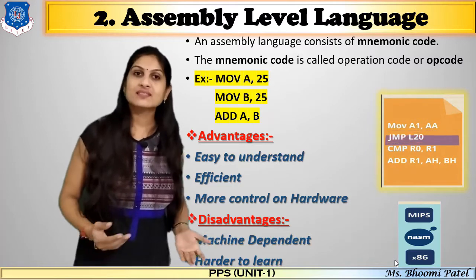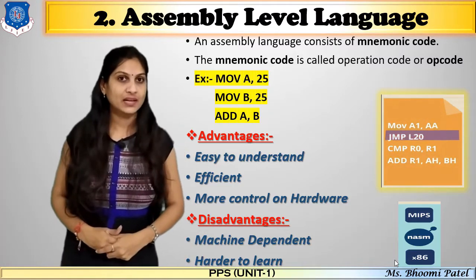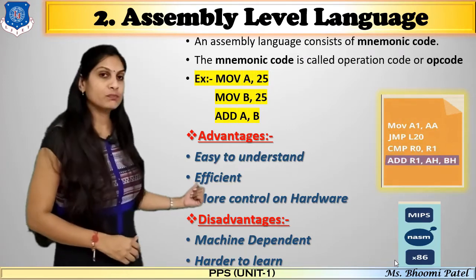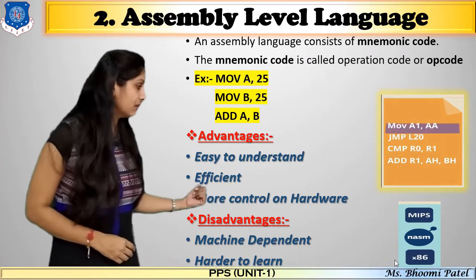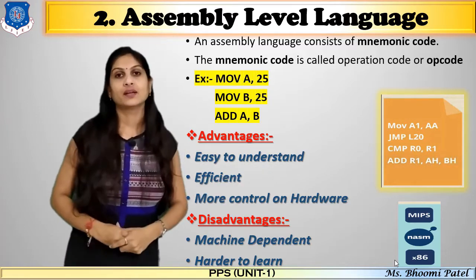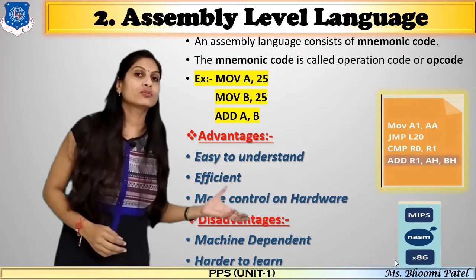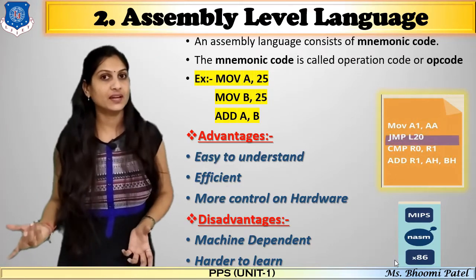But it also has some drawbacks, as we saw in machine level language. The same drawback is there for assembly level language, that is it is machine dependent, because here the same thing is there, different processors have different architectures.